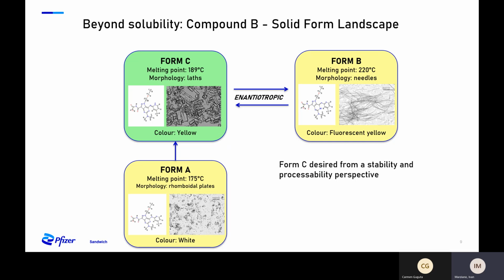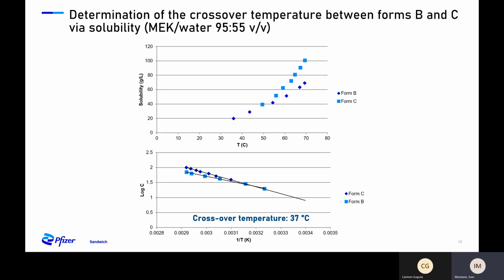So kinetically, even when form C was the most stable form, form B appeared to be crystallizing more readily. And because of the small difference in thermodynamic stability between B and C, the conversion between form B and form C was really difficult. This is where the Crystal16 helped, again.